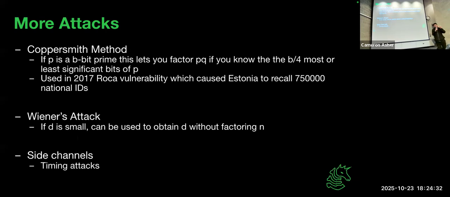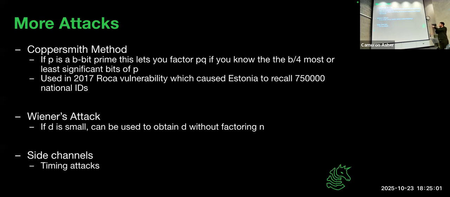There was a weakness in the prime generator that was involved in a lot of products, and that let you know the significant bits of the primes. A consequence was that Estonia had to recall 750,000 national IDs because they were all using that algorithm for verification.